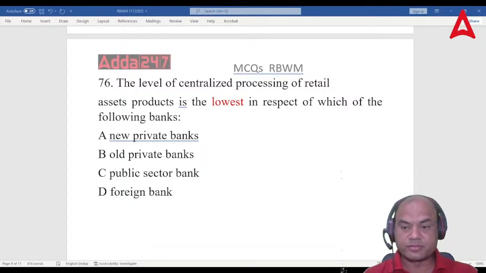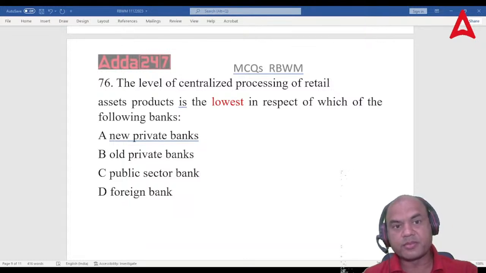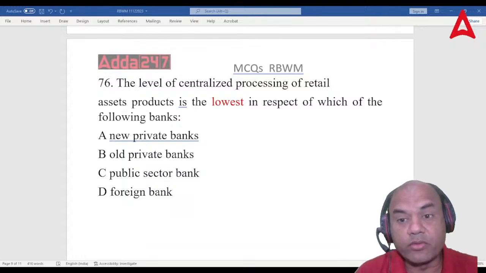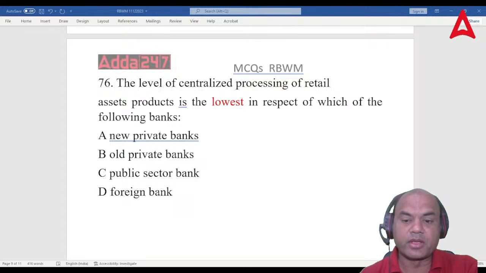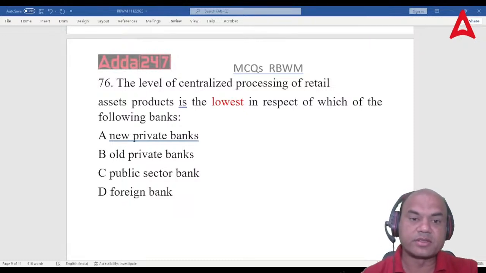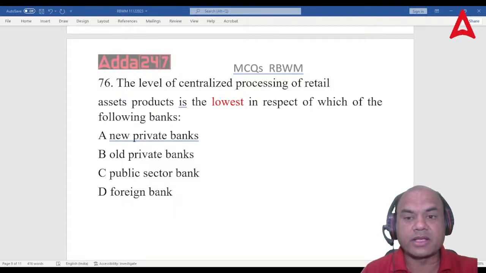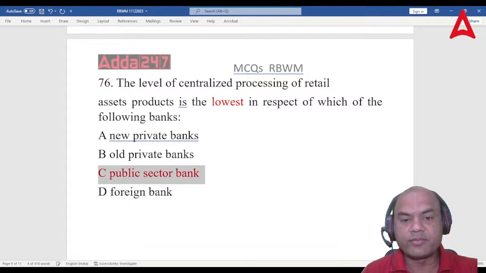Which of the banks? Think over it. Lowest now. We don't want highest. We want the lowest. So it is lowest in public sector banks. Remember this. Public sector banks. C is the answer.